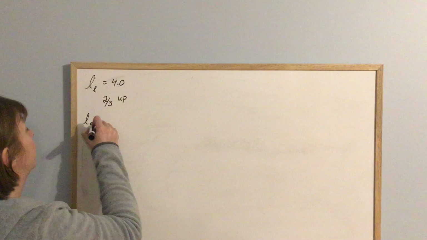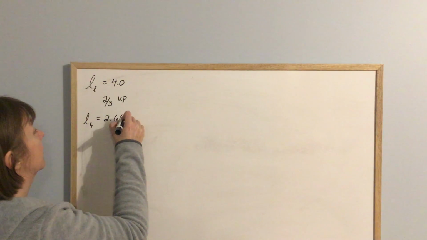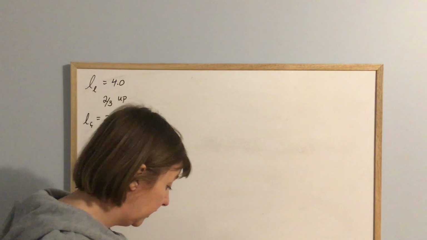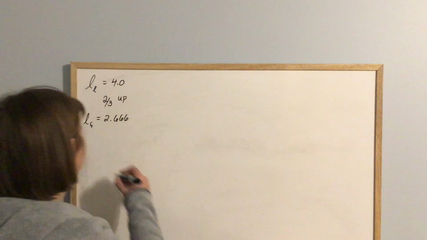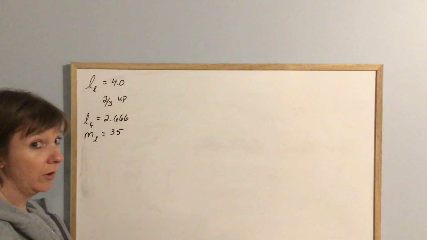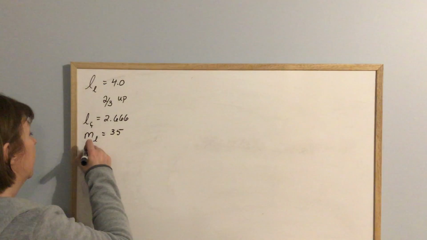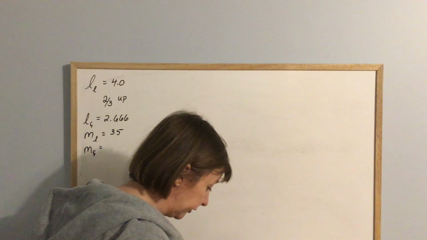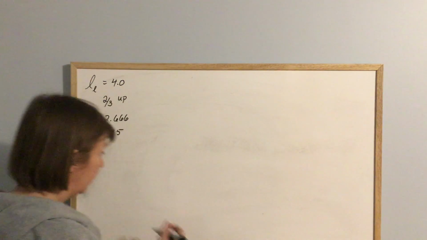So the length to the firefighter is 2.666, on and on. Now, it says the mass of the ladder is 35 kilograms, and the mass of the firefighter, with all his gear and everything, is 95 kilograms.